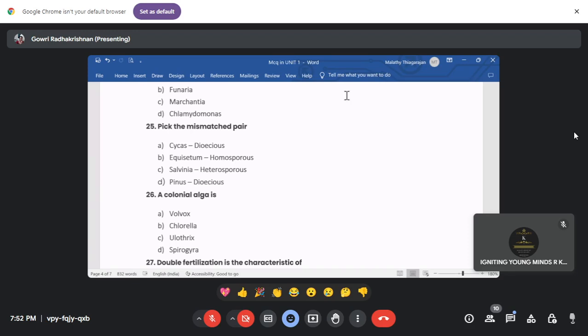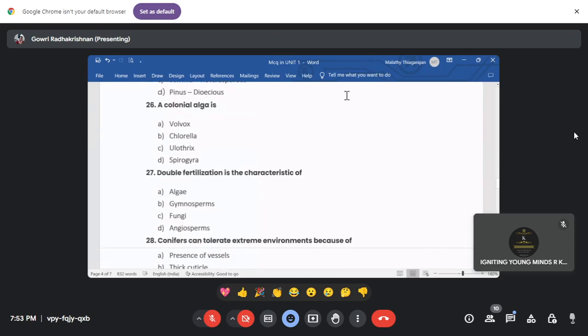Are you sure? I'm getting a bit confused there. Pinus is monoecious. That means both are there in the same plant. Okay, ma'am. So the mismatched pair here is Pinus, dioecious.